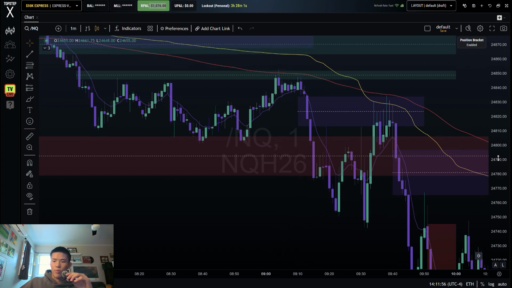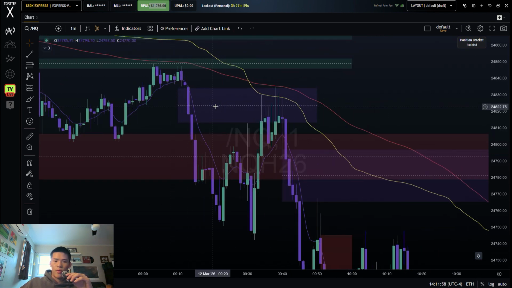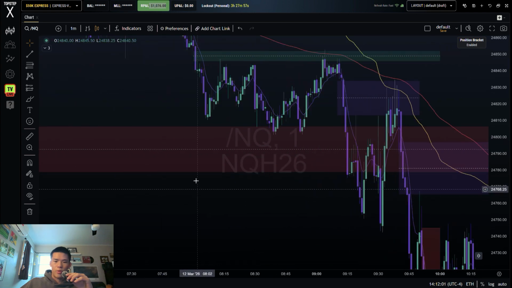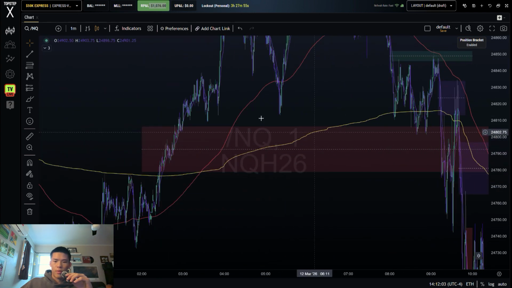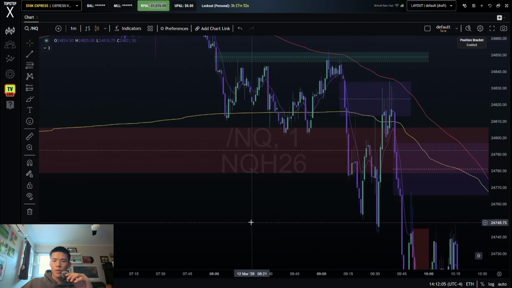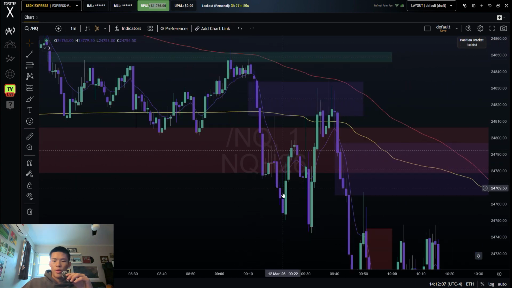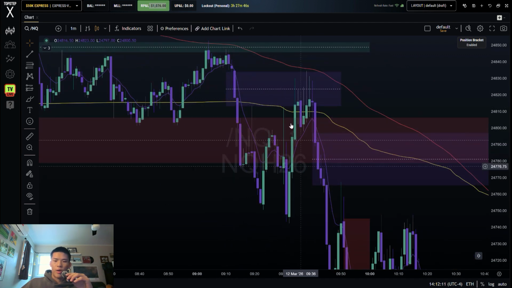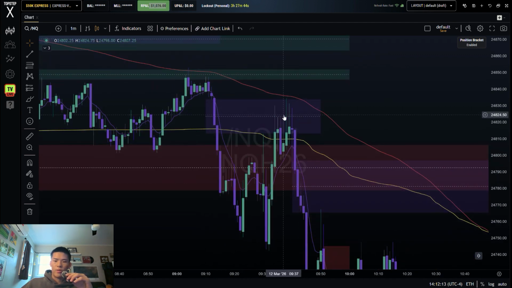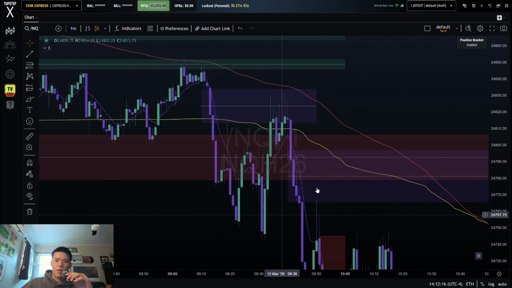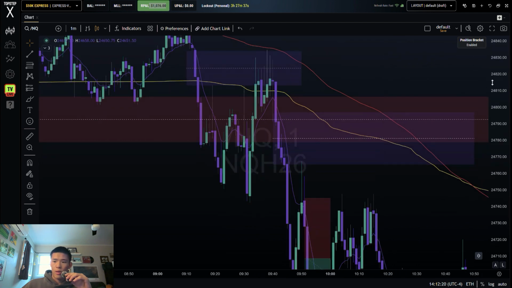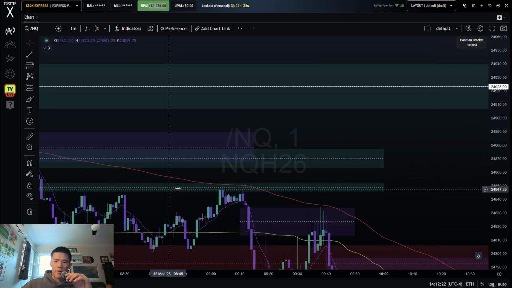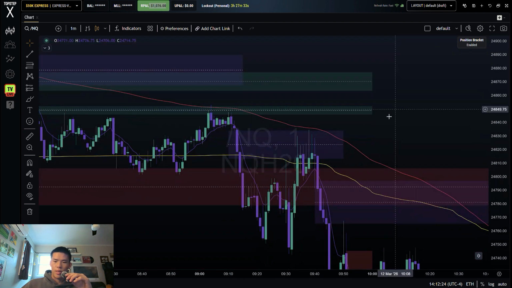We had a big drop, and we created this 5 minute fair value gap right here, and we also had this 1 hour fair value gap that was created over here. Price immediately displaced down pre-market, and it's beginning to respect this 1 hour fair value gap, and it came up and swept this 5 minute fair value gap and respected this as well. Based off this price movement, I already had a bearish bias and I was looking for shorts. I was not looking for price to go any higher unless we break these highs, which we did not, so I was looking for shorts.